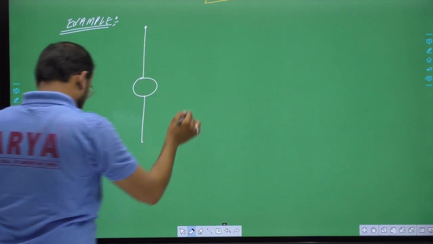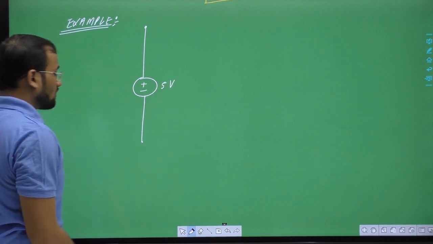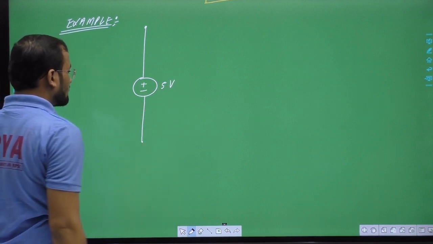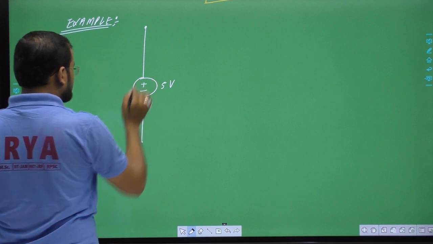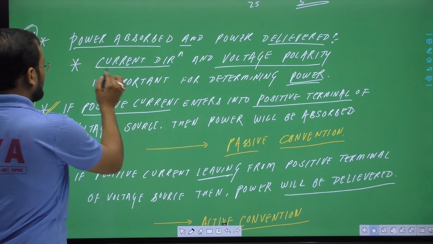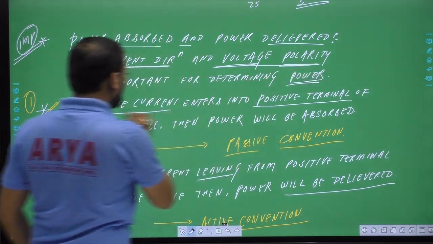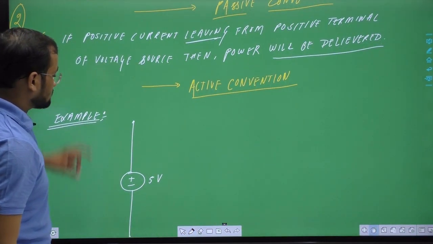Suppose you have a voltage source of 5 volt with this polarity. As I already wrote, current direction and voltage polarity is important for determining power.